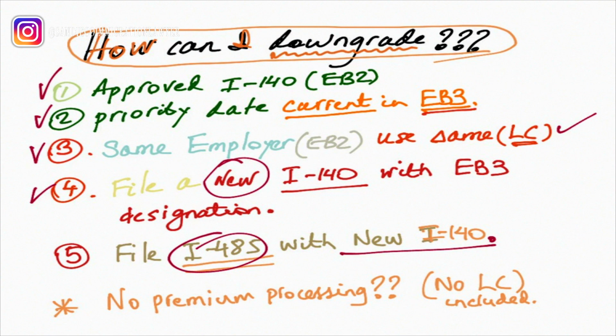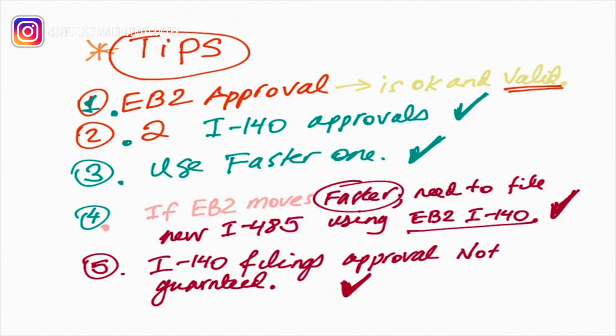But remember that your original labor certification is already filed with USCIS with your first case, with your EB2. Now that you want to downgrade to EB3, all you're going to do is submit a copy of it and let them know that you want to do the downgrade, but you won't be able to do premium processing because they won't take it. So that's one thing to remember. And that's essentially, in a nutshell, how a downgrade process is going to work.